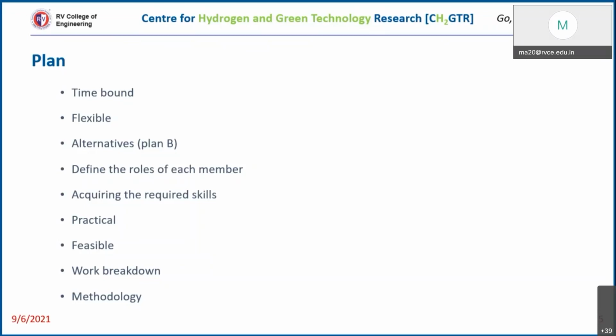And in some cases, you may end up acquiring new skills. Say you have a project on AI and ML, so artificial intelligence and machine learning. And because of your background, that might be completely new to you. However, that is a requirement in the project. So you will end up learning that.